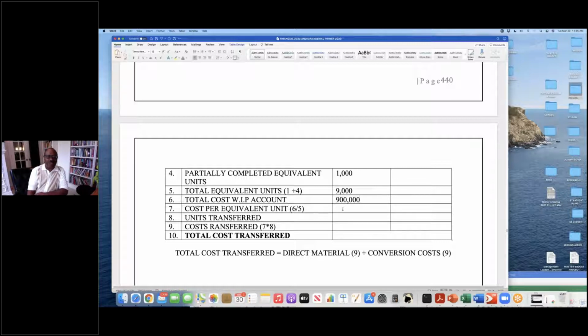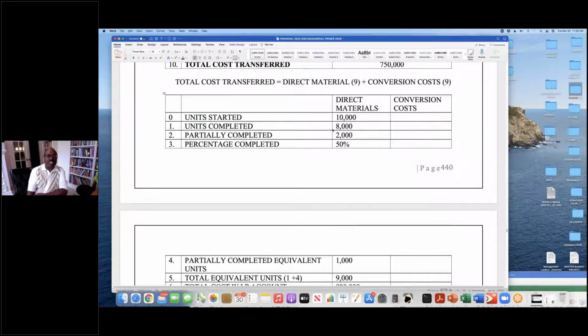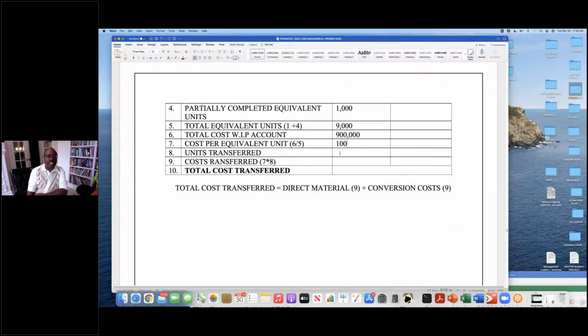So what's our cost per equivalent unit? 100. Okay. So why did you put 900,000? Units complete, 8,000. So we're going to be transferring out 800,000 in costs for raw materials.